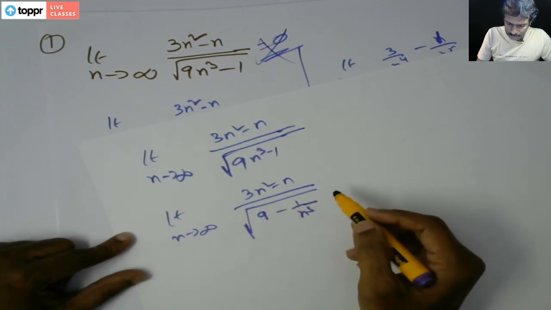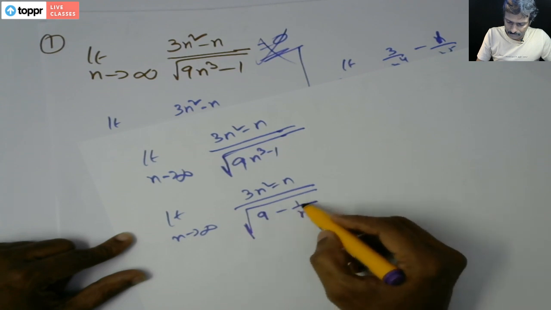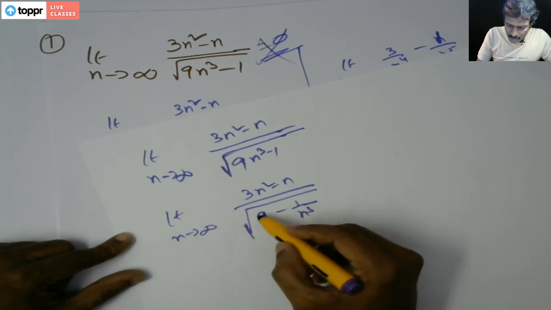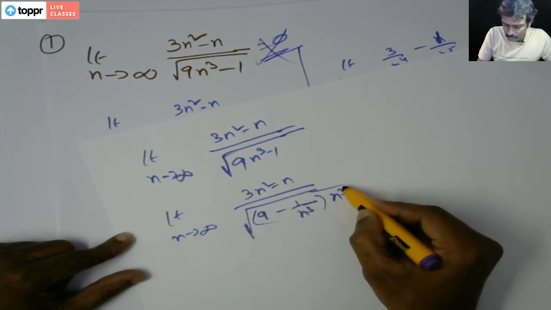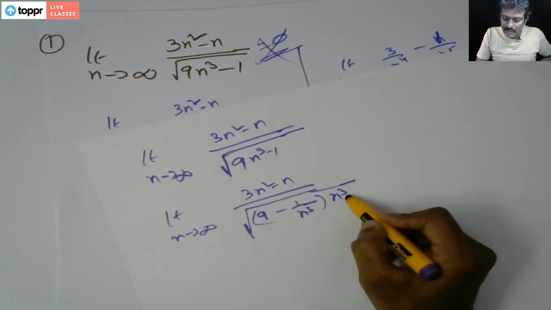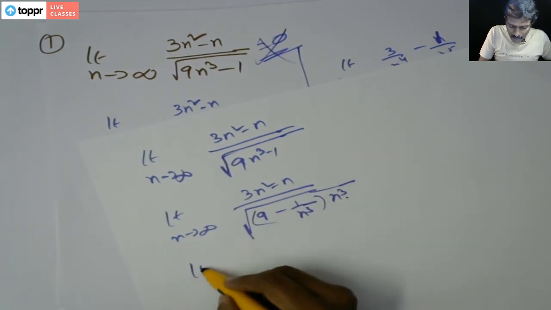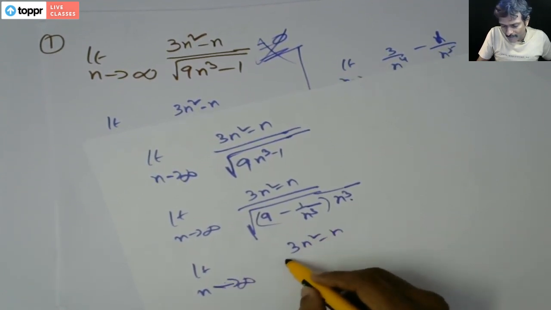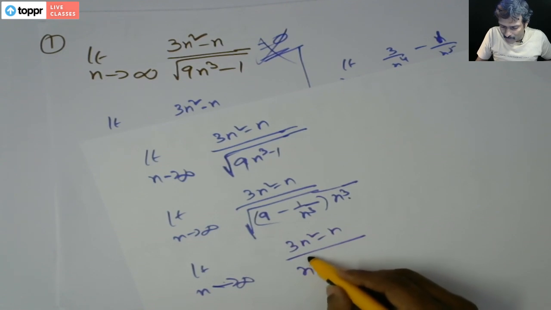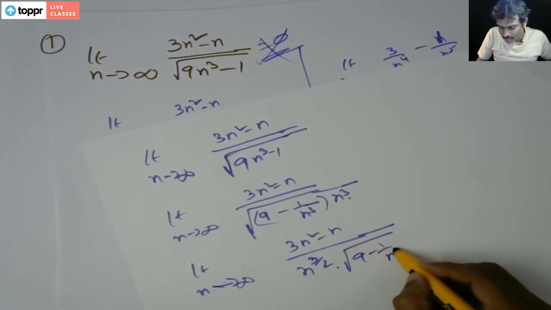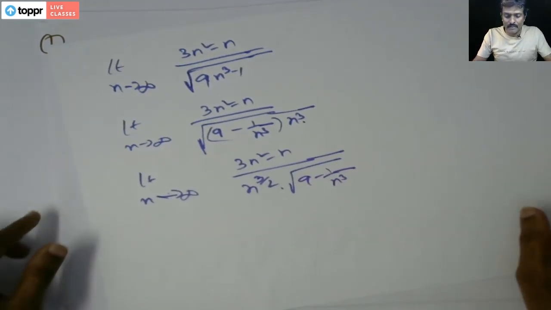So if you take n into n cube, this n cube should be coming out, then it becomes limit n tends to infinity of 3n square minus n by n power 3 by 2 times root of 9 minus 1 by n cube. This is what it is.